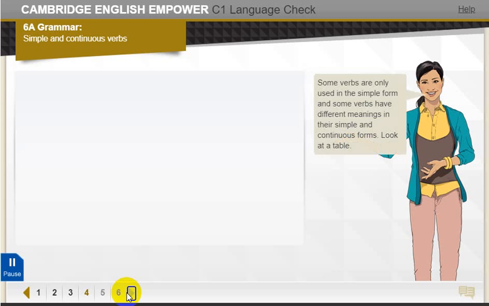Some verbs are only used in the simple form, and some verbs have different meanings in their simple and continuous forms. Look at a table.